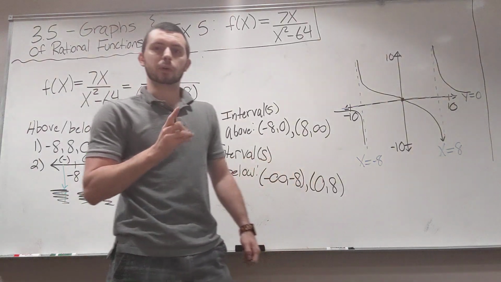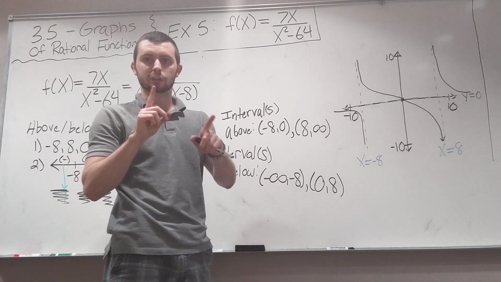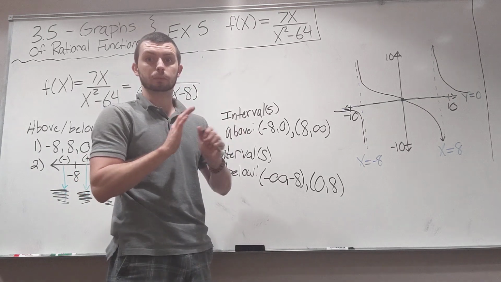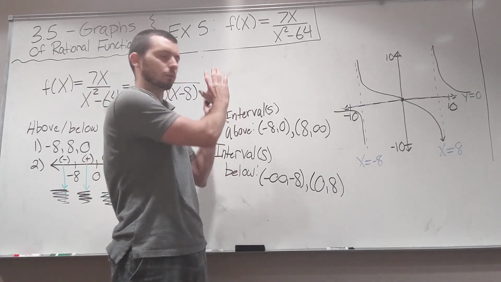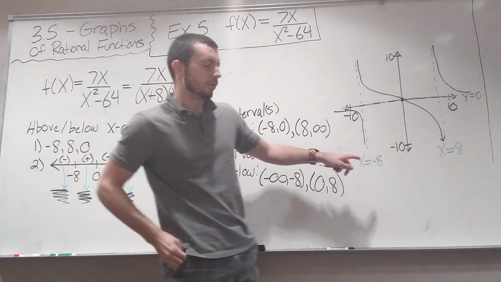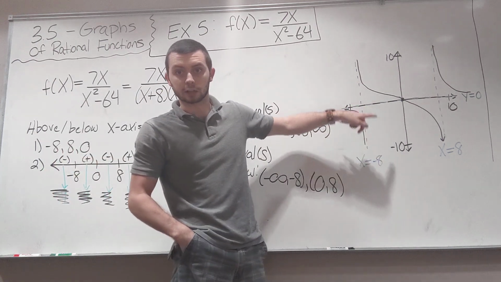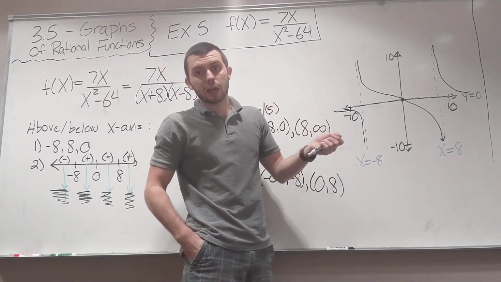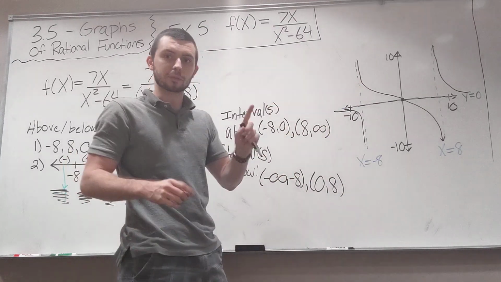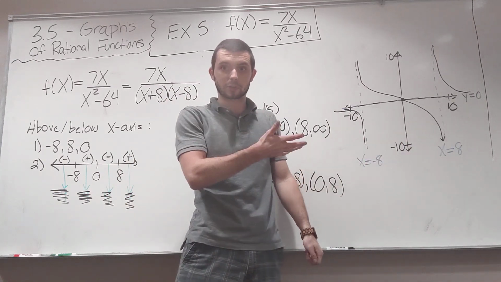For this problem though, as I mentioned, this one's a little tricky because there's two answer choices that look almost identical, or at least the example that this one's resembled off of. They don't give you the dotted lines for this problem, but their asymptotes, for one of them, were at negative 8 and positive 8, which is good for our situation.